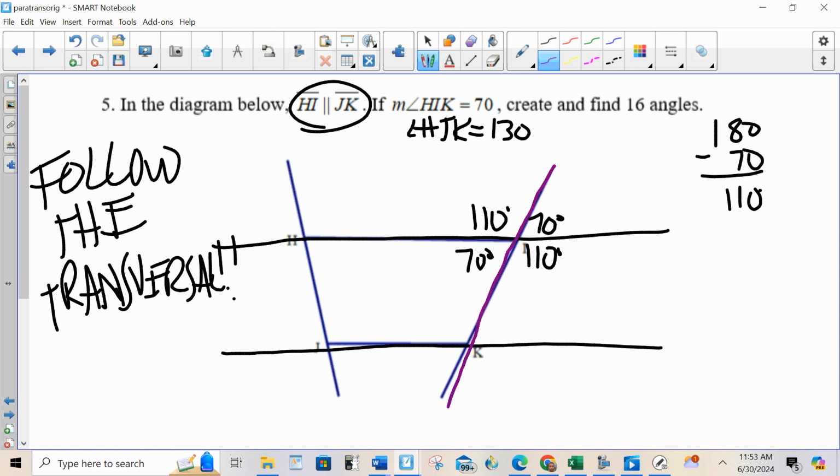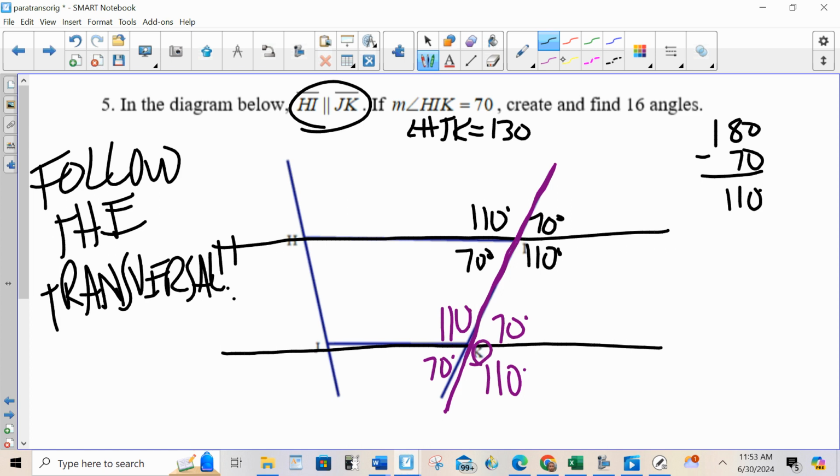This one. This is not a parallel line, it's the line hitting the parallel lines. So where does this transversal hit the other parallel line? At K. So those 110s and 70s come down to K. It's not hard if you understand that you must follow the transversal.